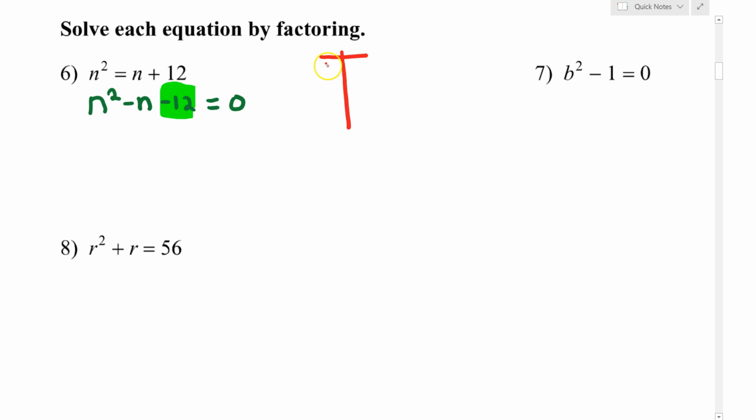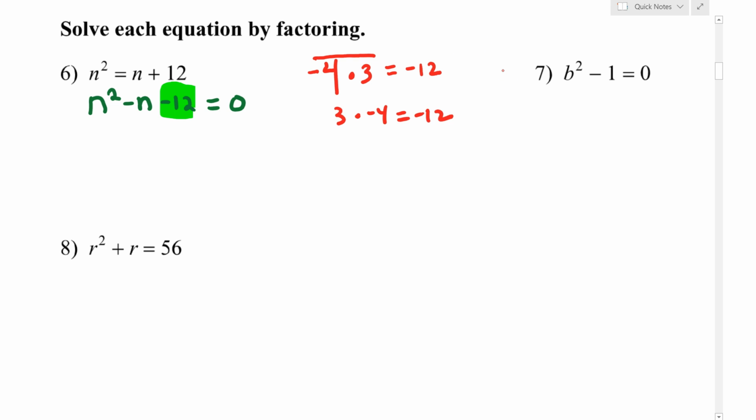So you have negative 4 times 3, 3 times negative 4. So that gives you negative 12. But now you have to check when you add them or subtract.